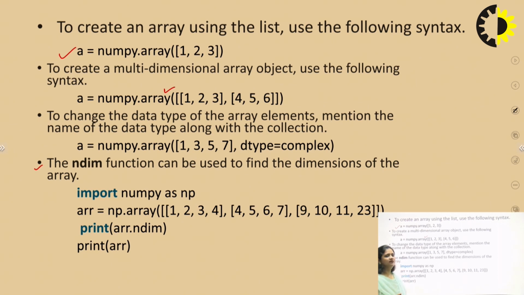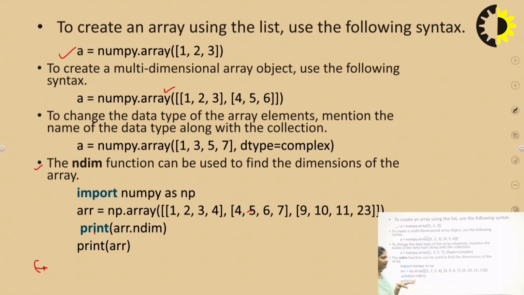The next example we have to take: the ndim attribute can be used to find the dimension of the array. First we have to import numpy as np. Then we create an array in which there are these elements, 1, 2, 3, 4, 5, 6, 7, 9, 10, 11, 13. Print ar.ndim. We have to print the dimension of this array.